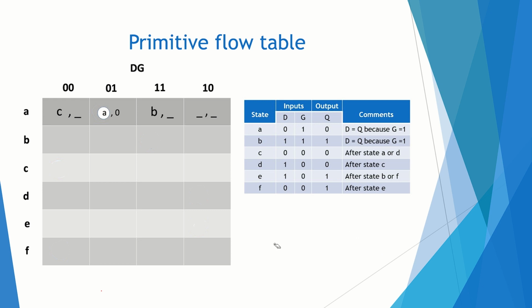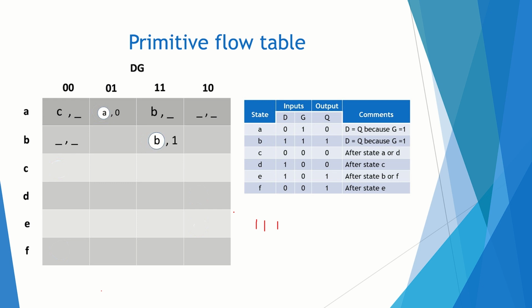Now let us take B here. B state is given by 1 1 and output 1. One possibility is that it goes to the same state, that is B, and the output is 1. So that is the stable state here, B comma 1, and the unallowed state is 0 0, so it is given by dash.